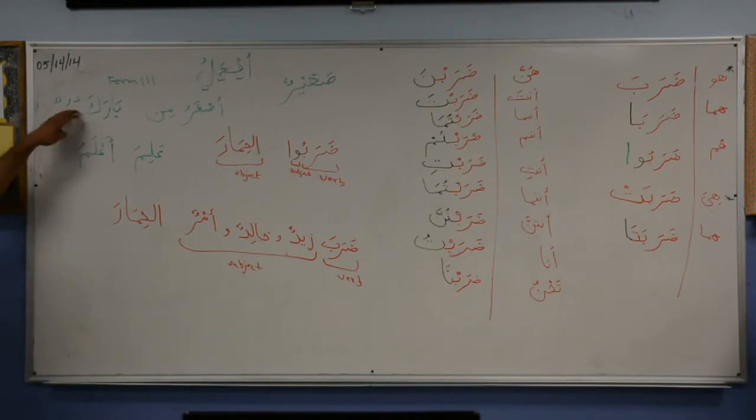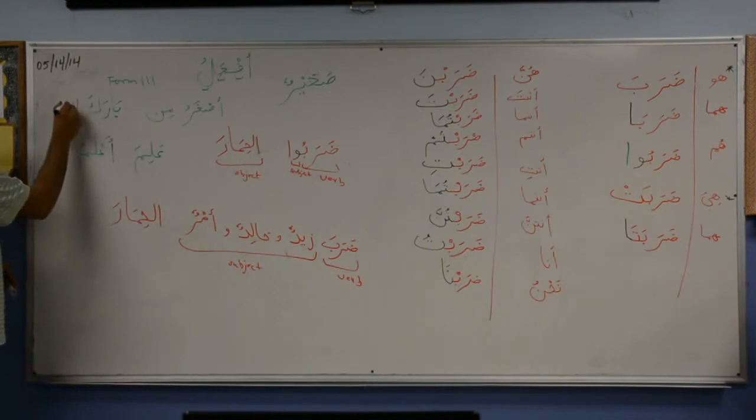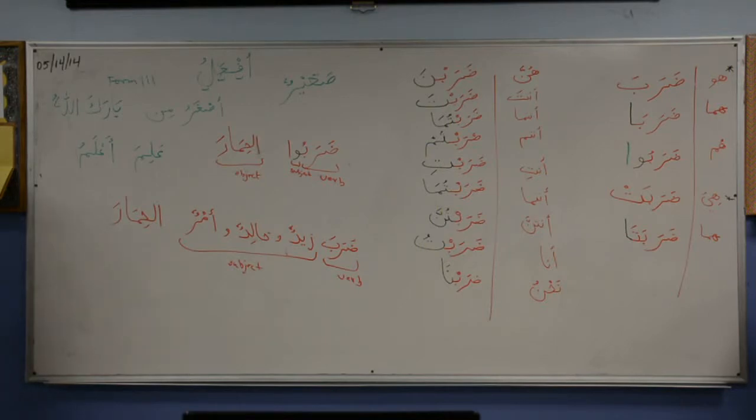So on form 3, every verb will have an alif right after the first radical, right after the first root. Okay, baraka. But when you're saying Barakallah, Allah here is your subject. Allah blessed you. Barakallahu fika.